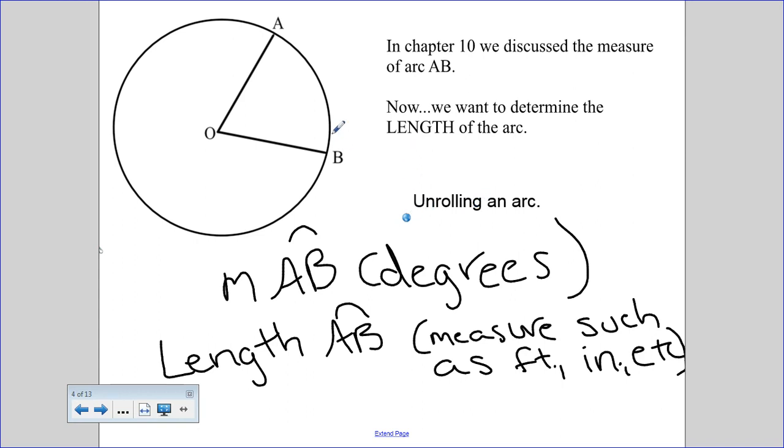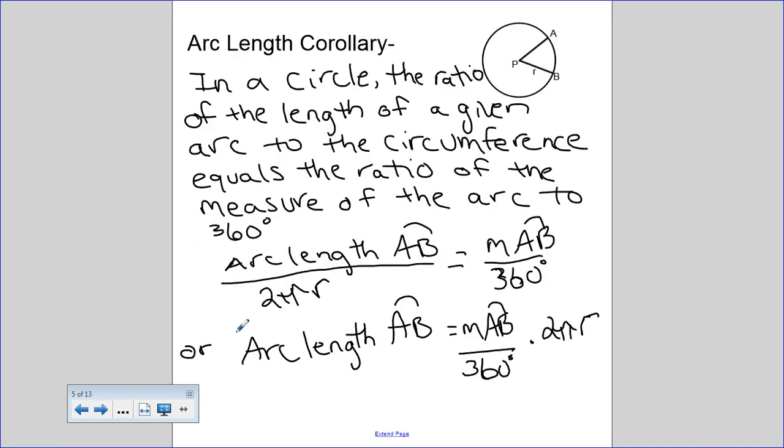If you think of this arc AB, that's a piece of the circumference. So we're going to compare that piece of the circumference to the whole circumference to find whatever length we're looking for. The arc length corollary says that in a circle, the ratio of the length of a given arc to the circumference, so think piece to the whole, equals the ratio of the measure of the arc in degrees to 360 degrees.